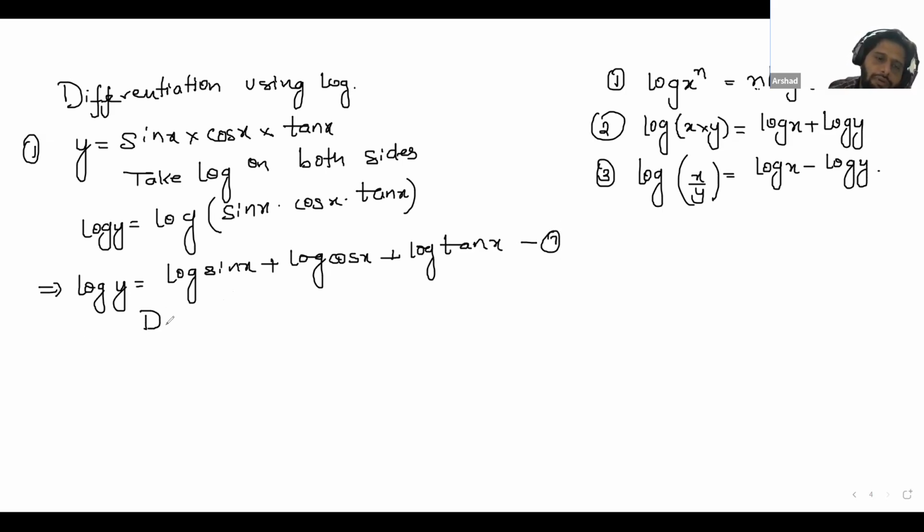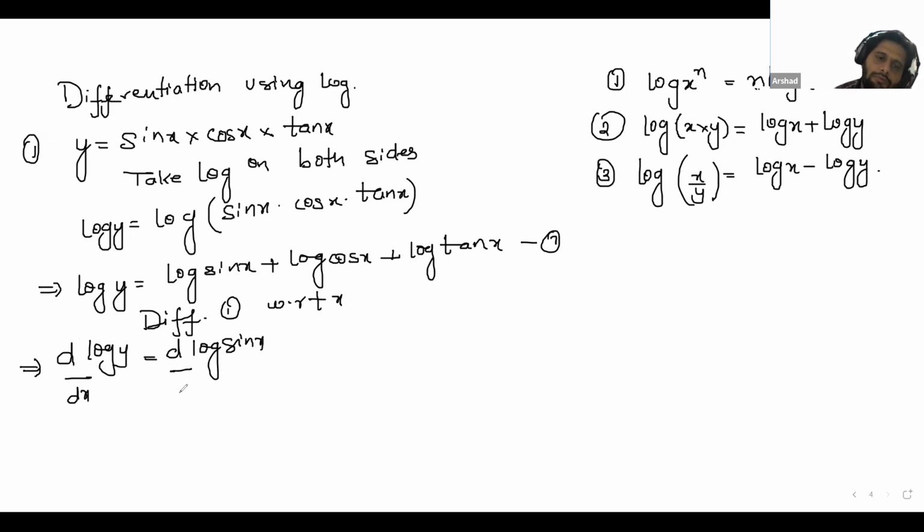Now differentiate 1 with respect to x. Differentiate this with respect to x, again this with respect to x, plus this with respect to x.